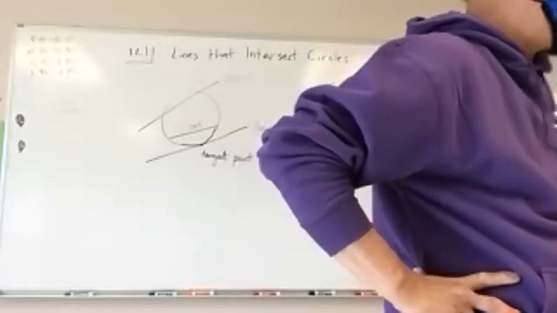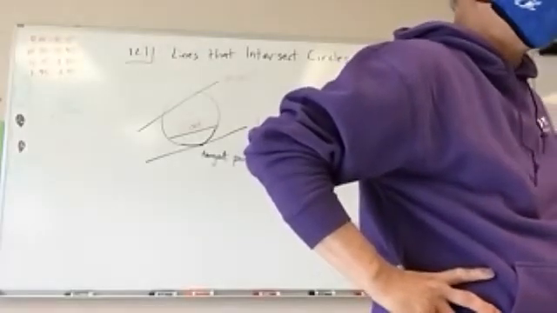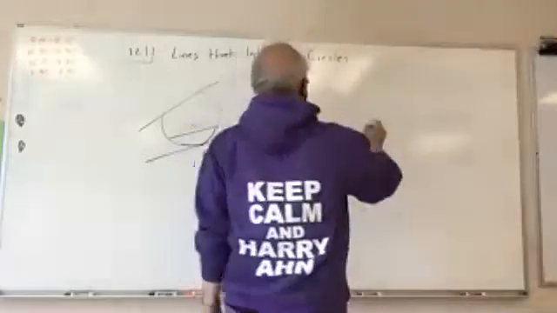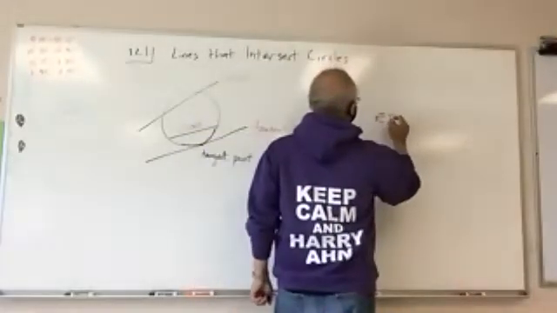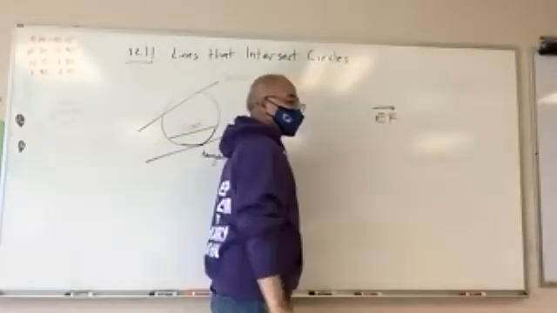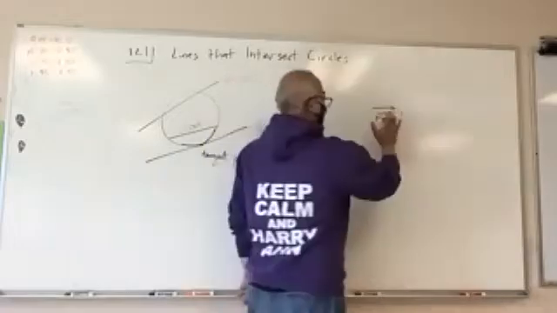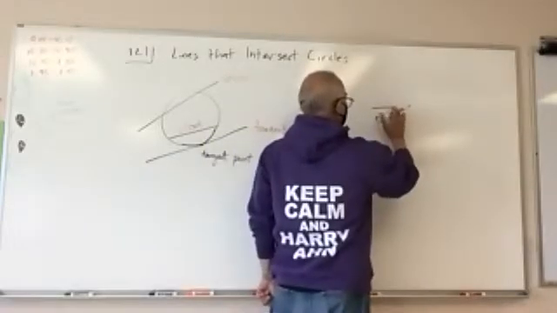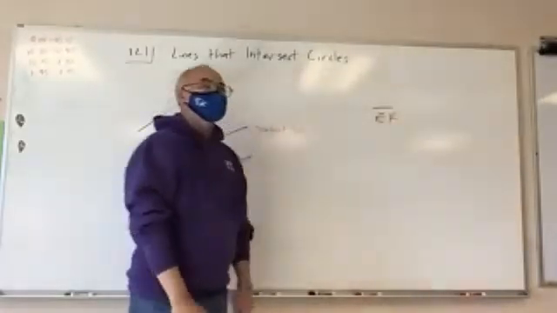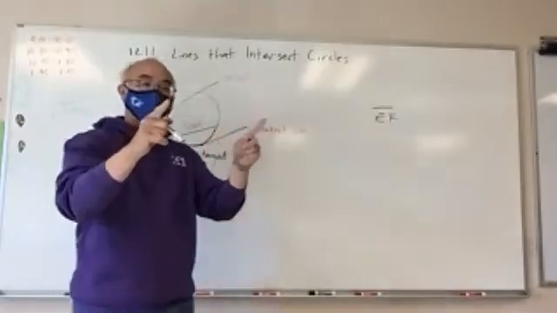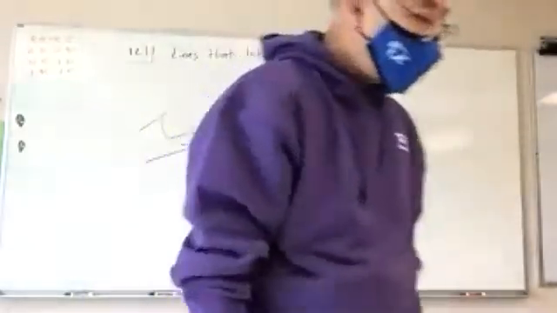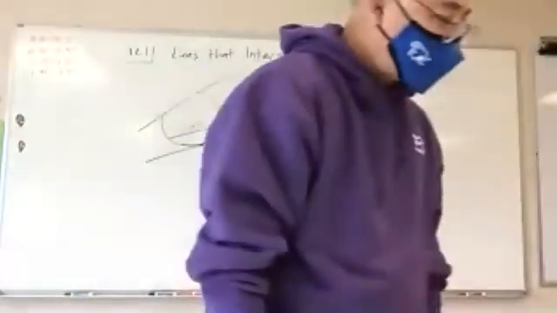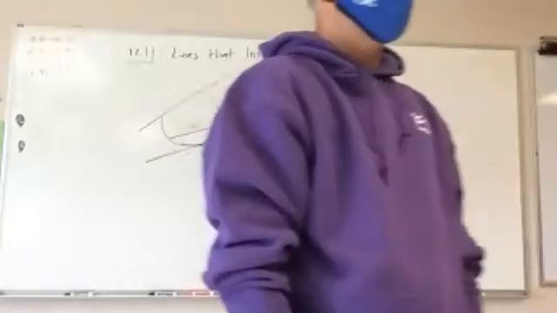Not the whole entire line, but just that segment E to F. So what I mean by that is that it is not this, but if it was just like this, it would be the chord, right? The line segment just itself, that little segment of the entire line. Okay. There's also another chord actually, and that's BC, right? BC would be a chord there.